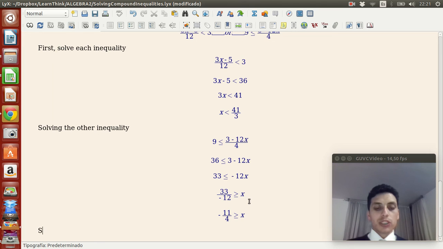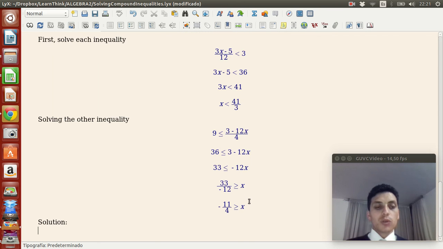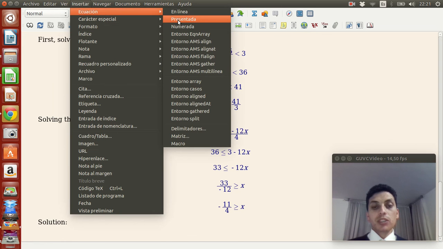So the solution is the union of both results.